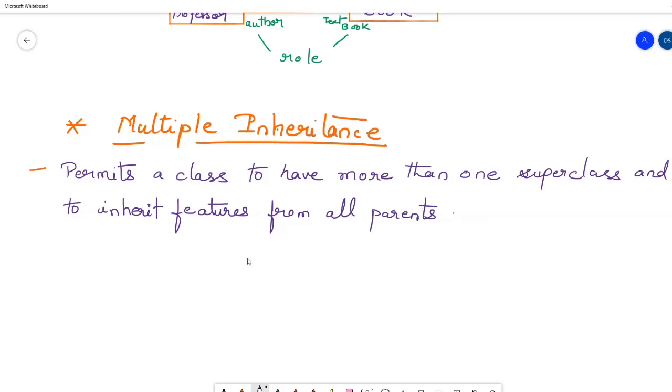So let's see what disjoint classes are in multiple inheritance.